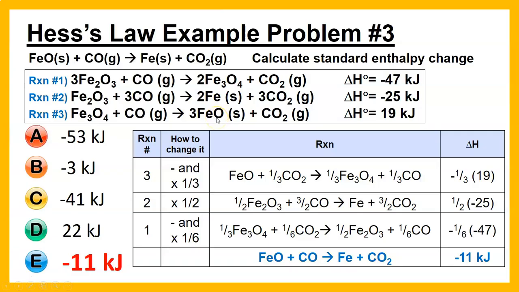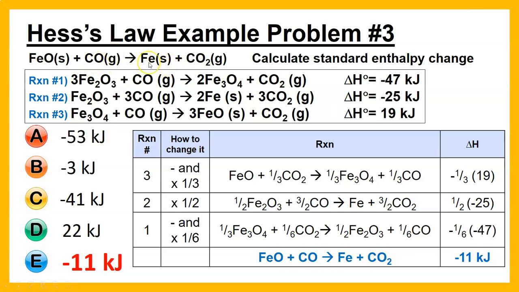It's on the wrong side. The other thing I notice is that I'm only wanting 1 mole. My chart told me about 3 moles, so I'm going to need to multiply by 1/3. I multiply all my coefficients by 1/3, and then I also multiply my enthalpy. Negative because they flipped it.